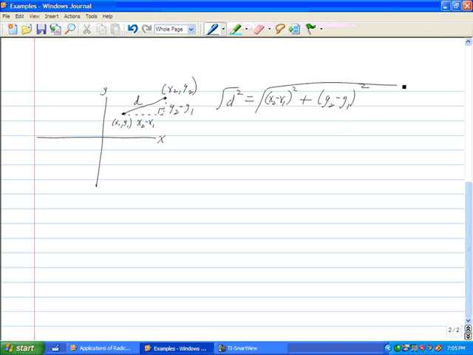Square rooting both sides, we find the distance formula to be the square root of (x2 minus x1) squared plus (y2 minus y1) squared. In case you're wondering, no, the square root can't cancel these squares because addition is going on at the same time, and that prevents that from happening.